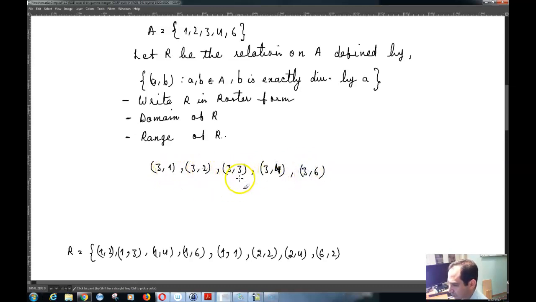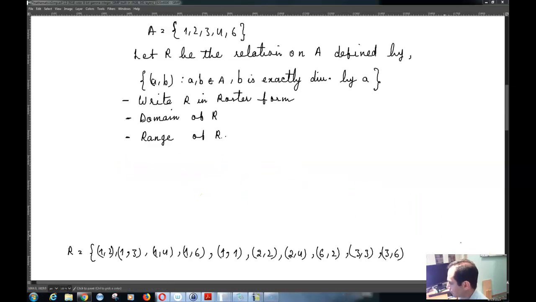So this one and this one: you have (3, 3) and (3, 6). And then the next one is (4, 1), (4, 2), (4, 3), (4, 4), and (4, 6).